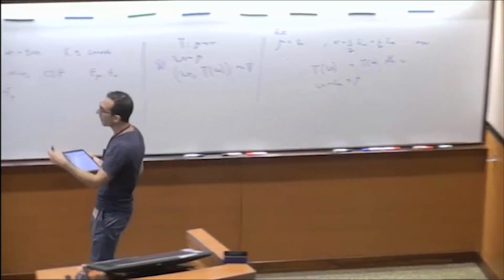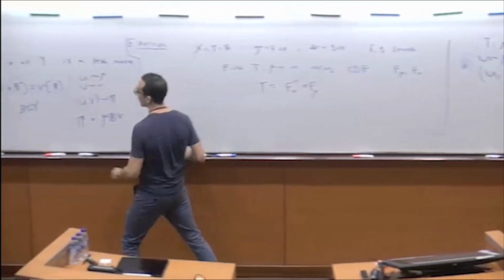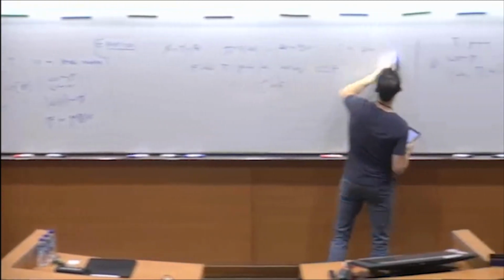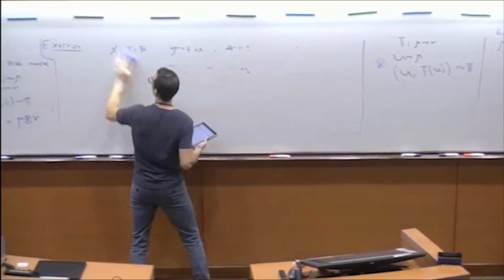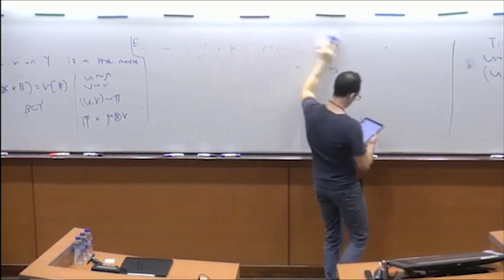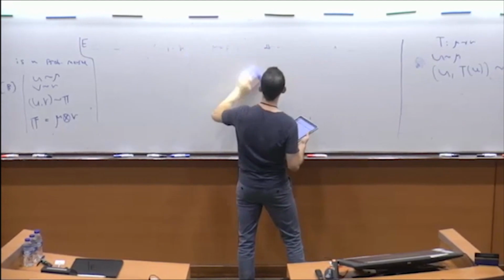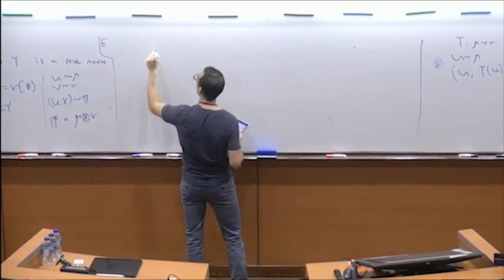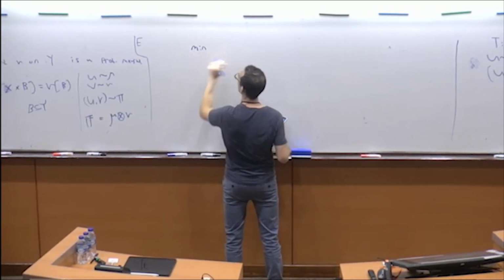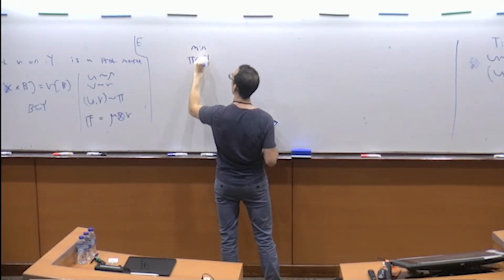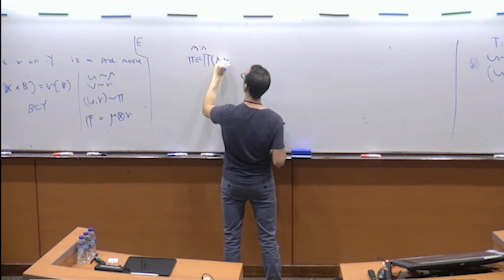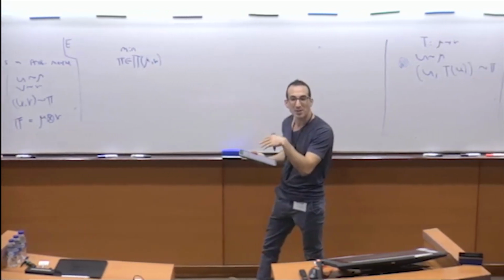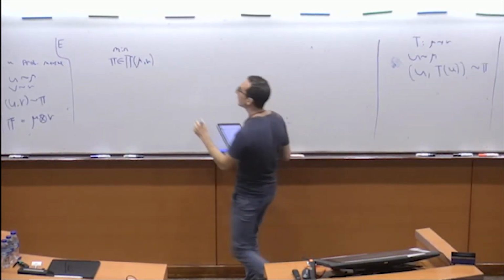So now that we have coupling, we can talk about the analogous problem to the Monge problem. So let's see what it is. Now the problem is to minimize over pi. We're going to use this notation, big Pi of mu and nu, to mean the set of all possible couplings between mu and nu.